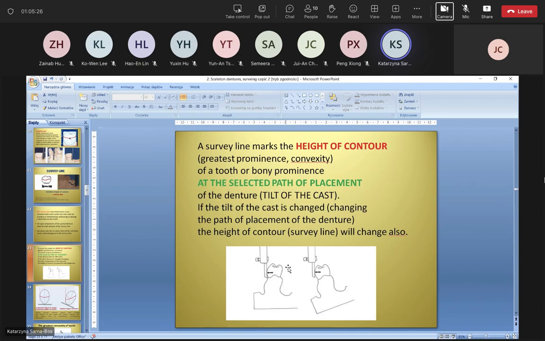Once again, if you see the gypsum model in such a position, then we can mark the greatest prominence of the tooth. If we change the position of the gypsum model, and we can change it because the surveyor has a table with a ball joint, so the table is movable, then we also change the path of placement of the denture. In such cases, there will be another survey line, another greatest prominence of the tooth in a given horizontal plane.